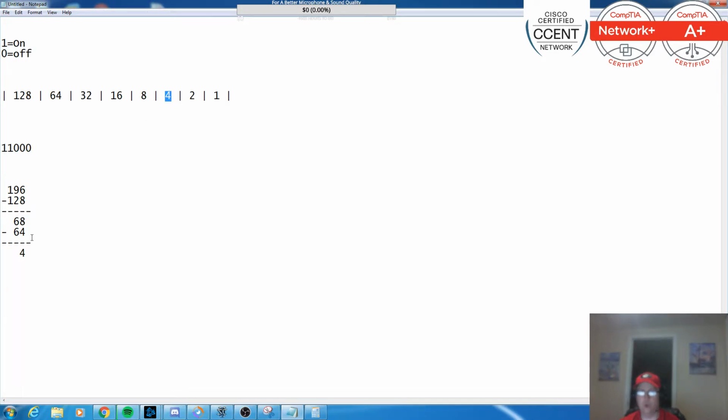So can we take 4 out of 4? This digit would be 1 because yes, we can take 4 out of 4. And what is that going to leave us with? Now we're going to be at 0. So we've completed the number and we're down to 0. So the next 2 digits automatically will be 0. If we wish to work it out, can we take 2 out of 0? We can't. Can we take 1 out of 0? We cannot.